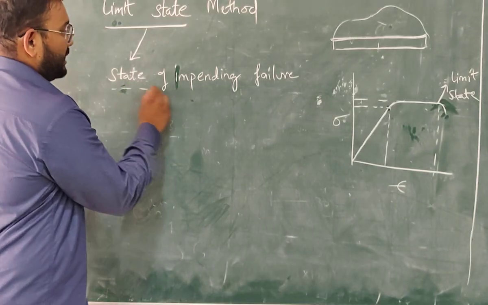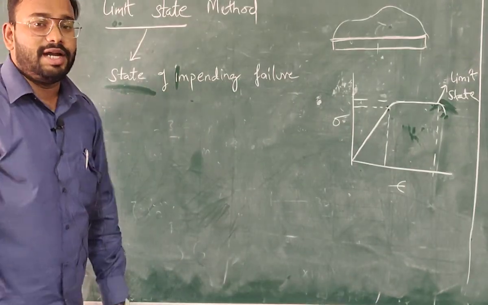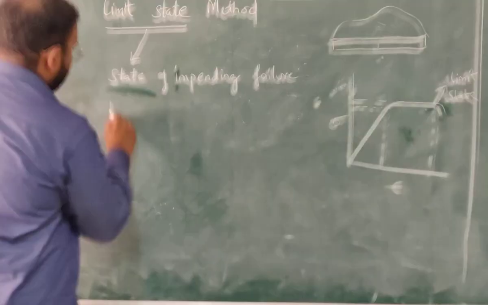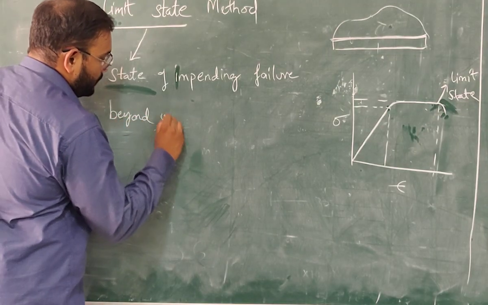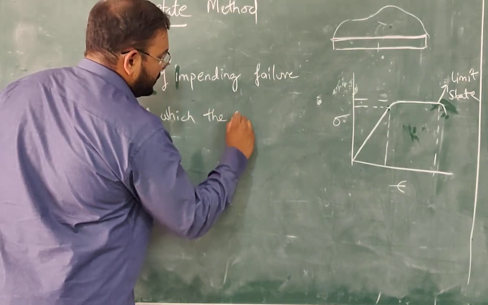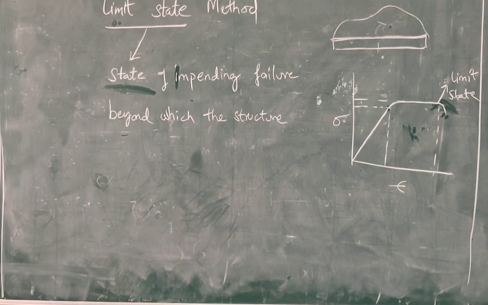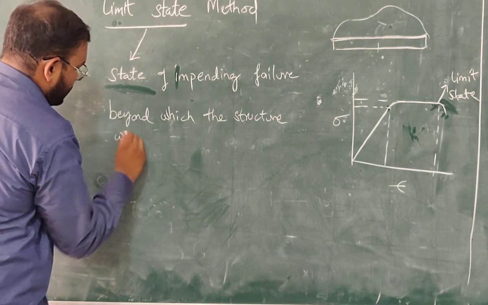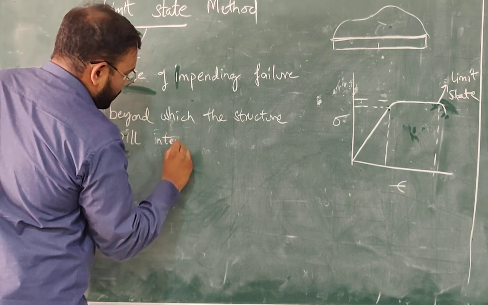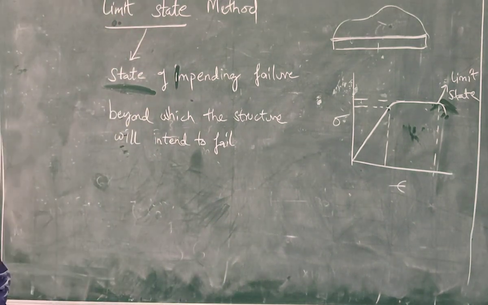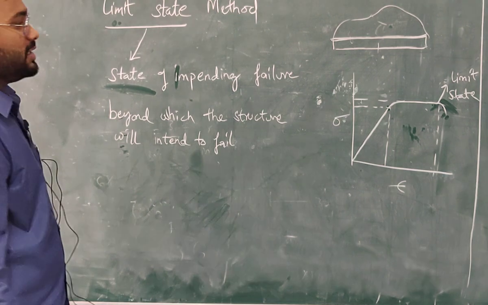Limit state is defined as the state of impending failure, or it can also be said as the state beyond which the structure will intend to fail. This is what is called limit state.